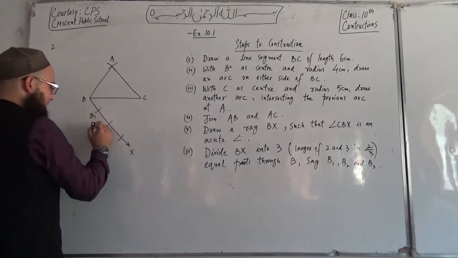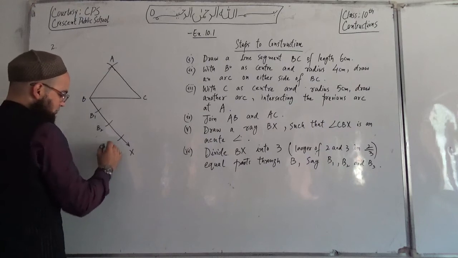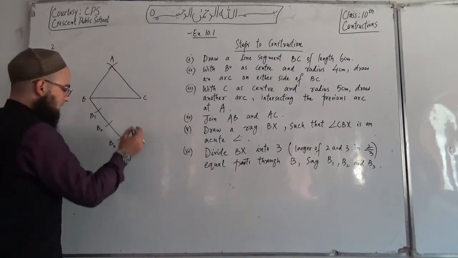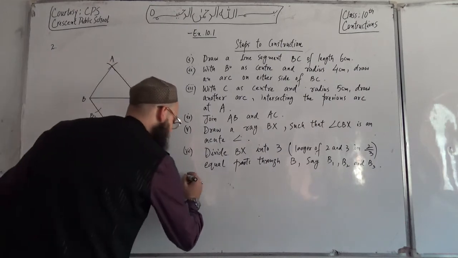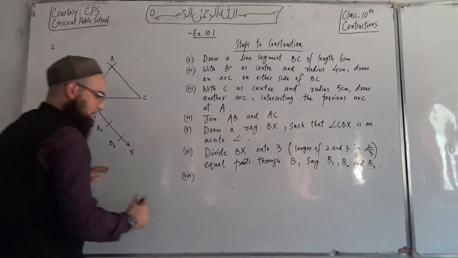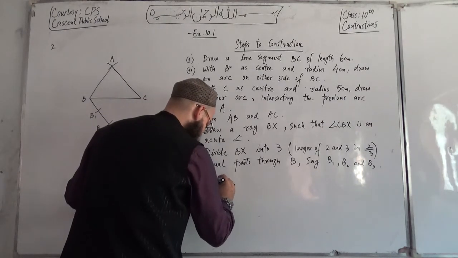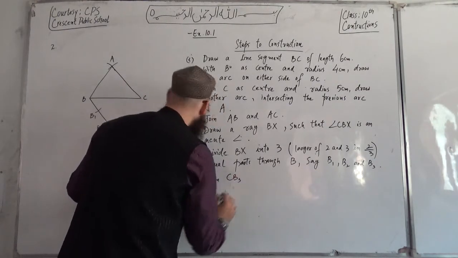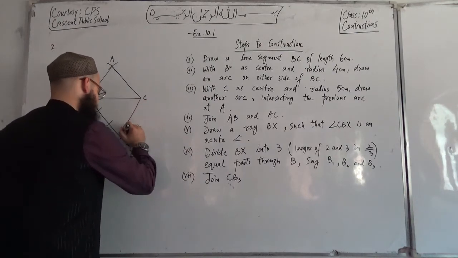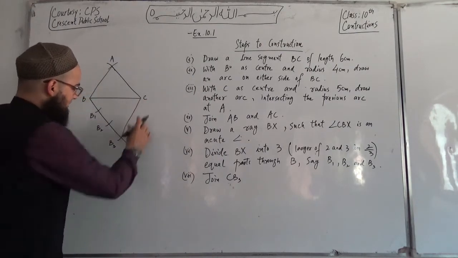Name them B1, B2, B3. Got it? Then next step, join CB3.